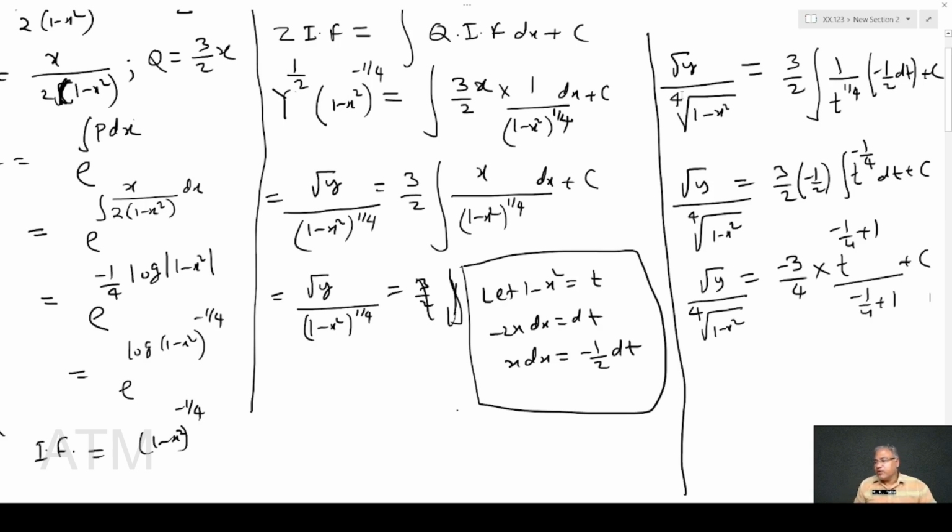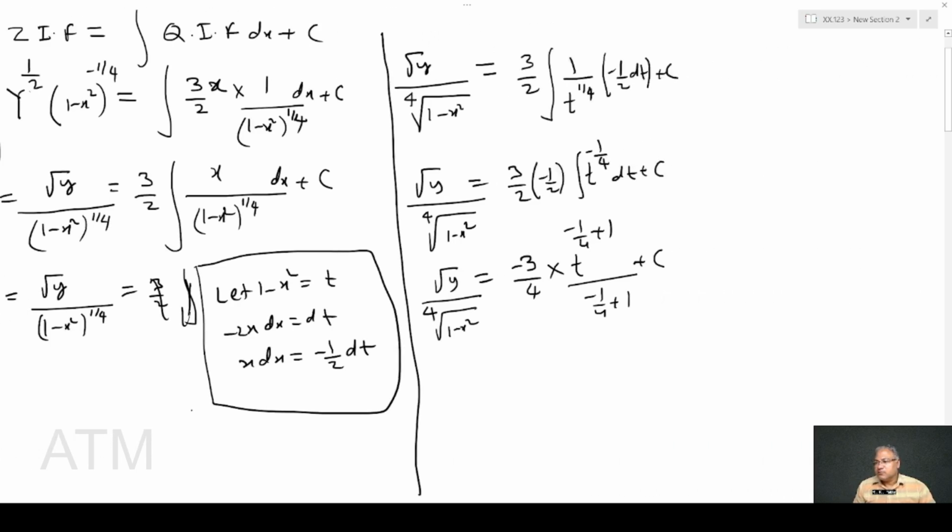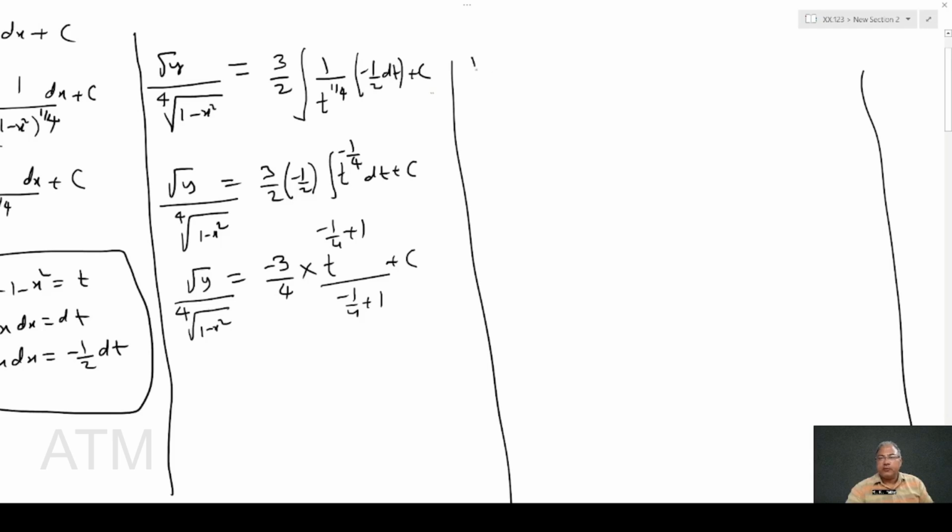Now we can further simplify that part. So that is root y upon the fourth root of (1 minus x square) equals minus 3 upon 4 into 4 upon 3 into t raised to 3 upon 4 plus c.